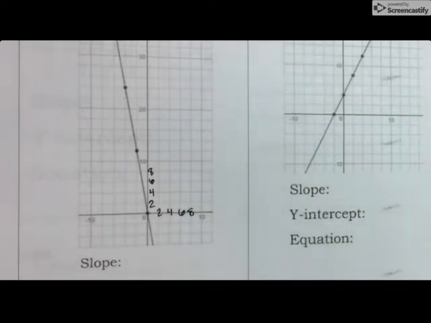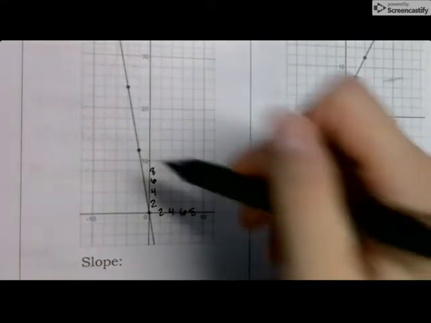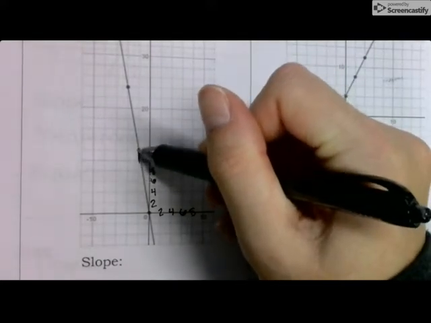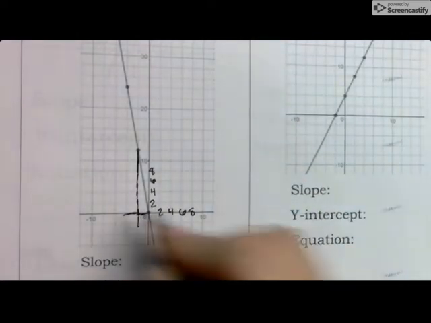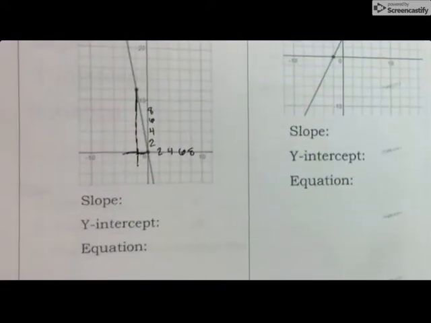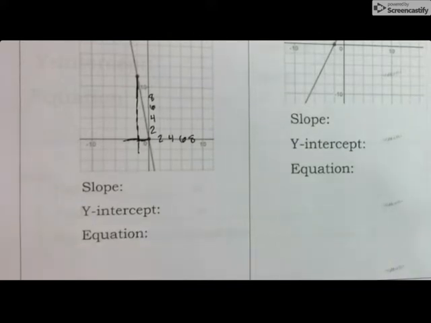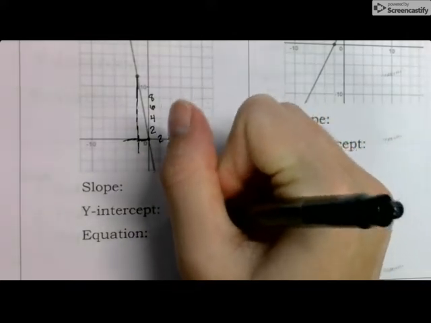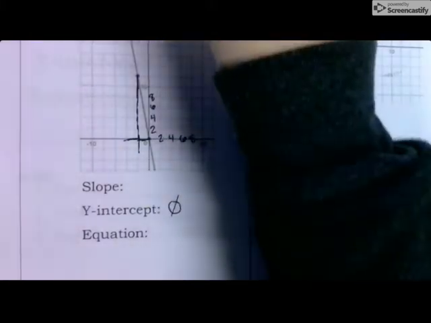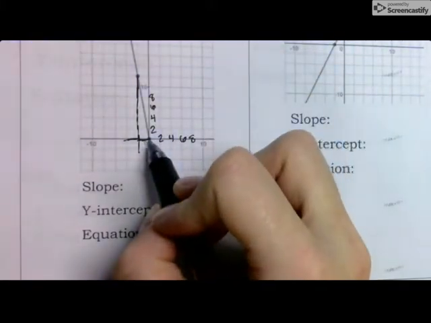But we're going to do it the same way. I'm going to start at my left point, and because the graph goes down, I'm going to go down. I'm going to start at my right point, and I'm going to go left. So I always start with the y-intercept. You can start with the slope. It doesn't really matter. This graph goes through the y-axis at 0. This is the y-axis. This is your line. It touches at 0.